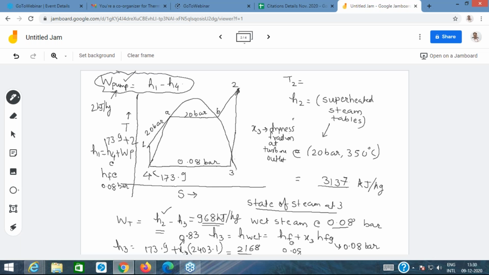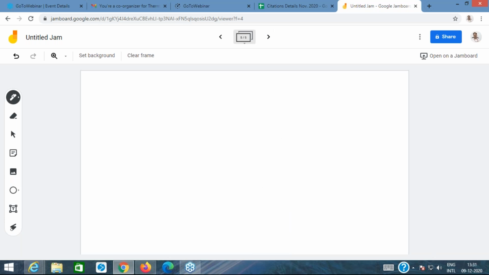What is the heat supplied? Look at the diagram. It is H2 minus H1. Any confusion regarding this, that the heat supplied is H2 minus H1? How much was H2? H2 is 3137 and H1 is 175.9.